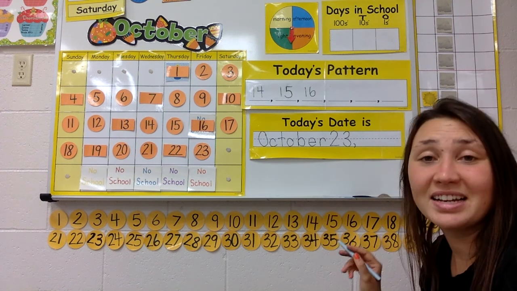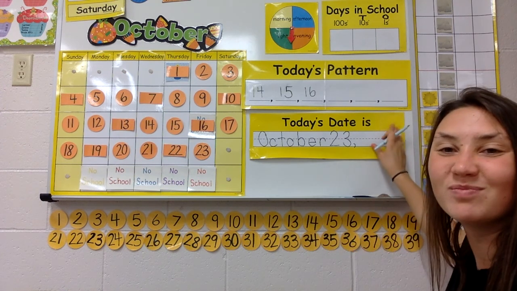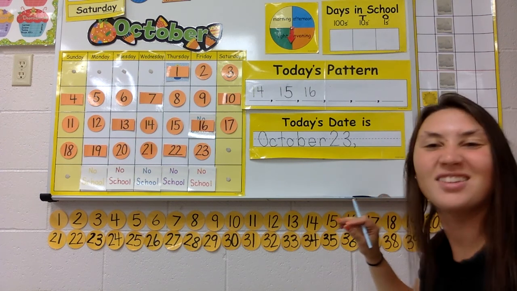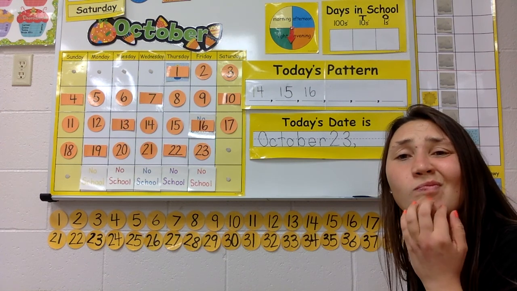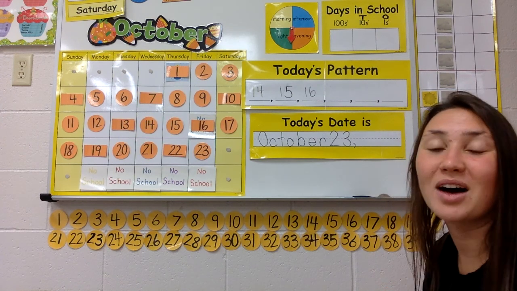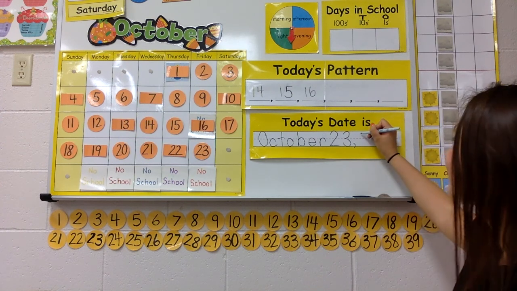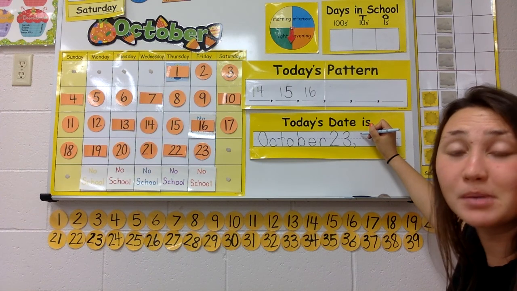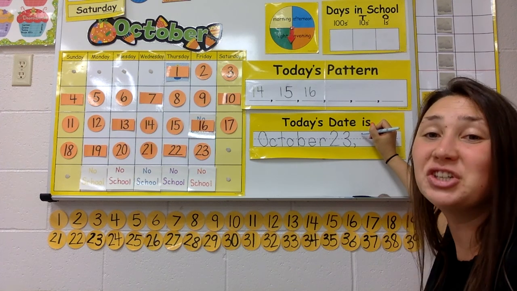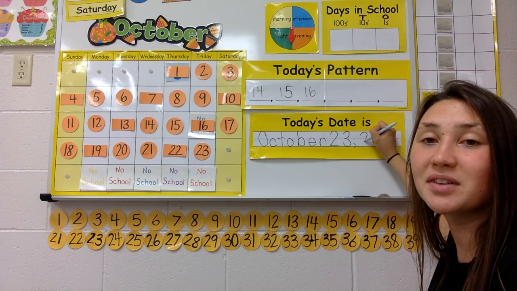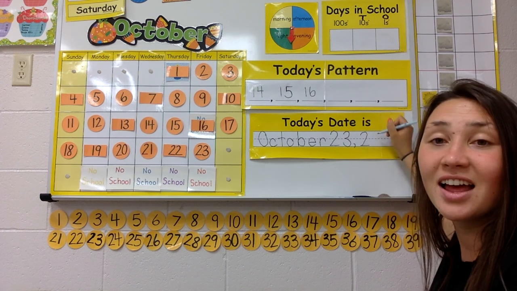And the last thing we need, what are we missing over here? Year. And what year are we in again? 2020. So go ahead and make the first number in 2020, which is a 2. So curve around and slide to the right.